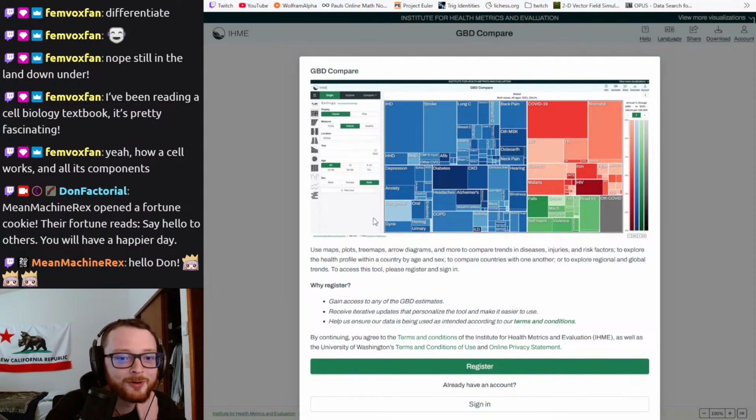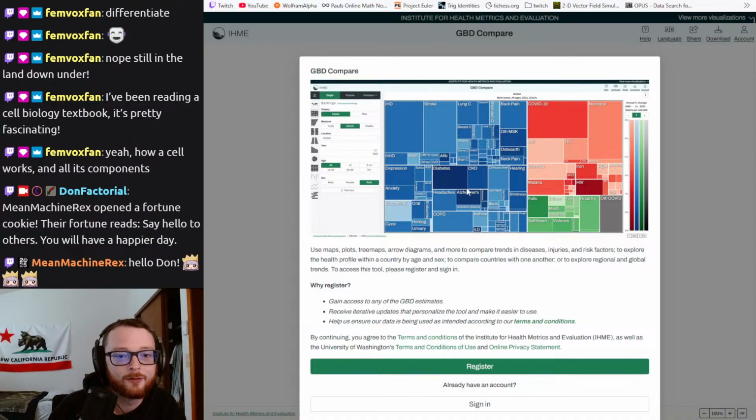I don't want to make an account. At least they have an example of it here. It's an interactive tool that displays a bunch of statistics on the global burden of disease, which is measured as the number of years that people spend being disabled, at least partially, from disease, or the number of years actually lost because people die from disease.